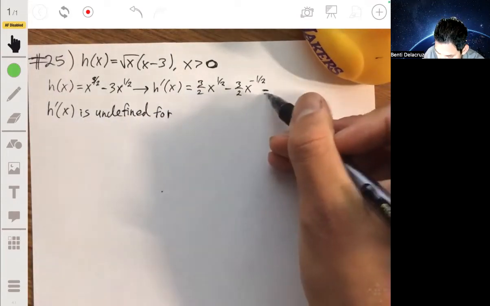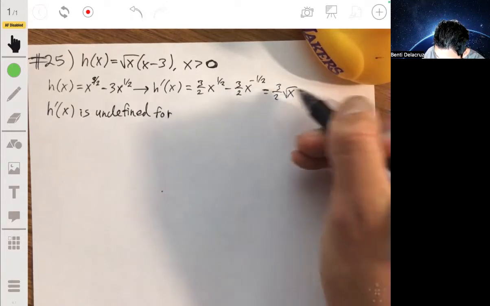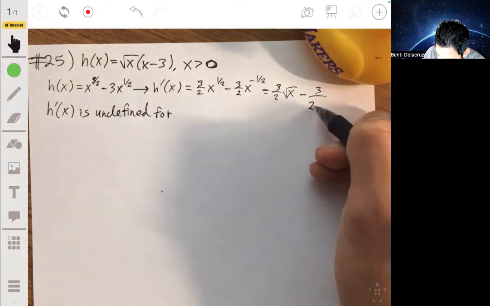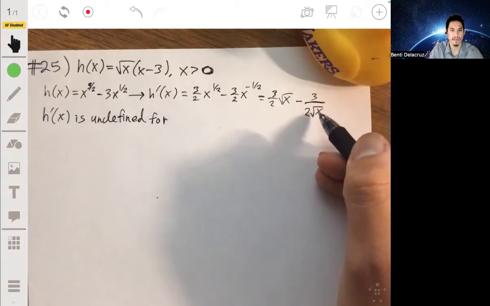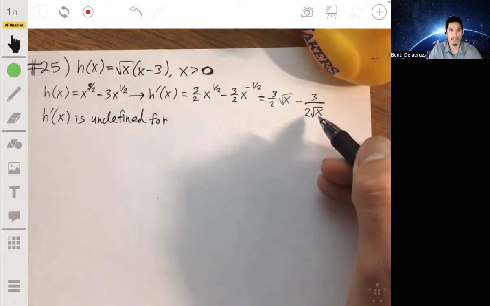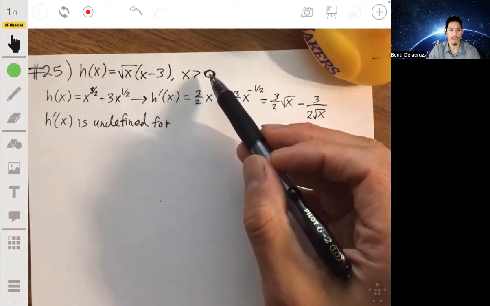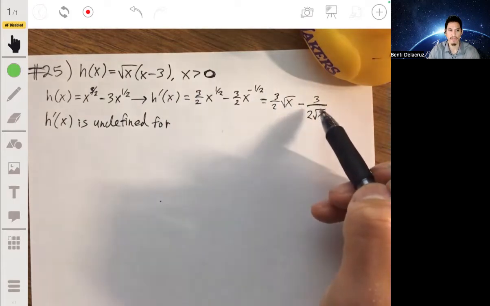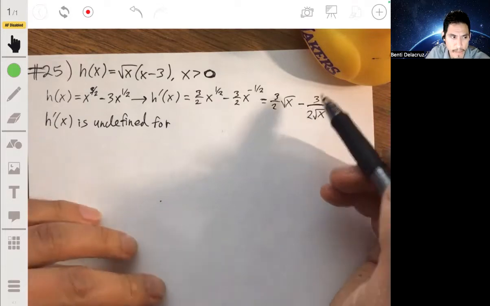Let me write this as 3 halves times the square root of x minus 3 over 2 square root of x. Then you can see that the x is in the denominator here. It's undefined when x is 0 because you're going to have 3 over 0 here. But we already restricted our domain to be more than 0. So there's nothing in the domain that this will be undefined for. So we're okay.